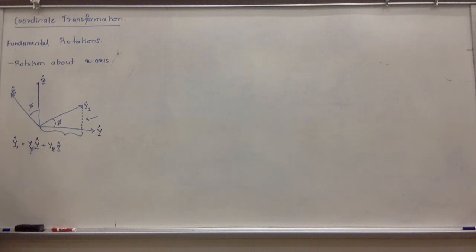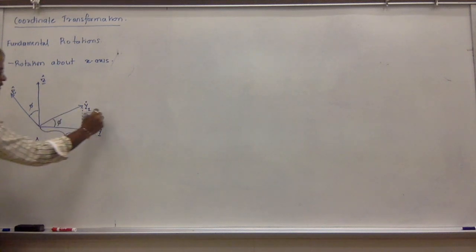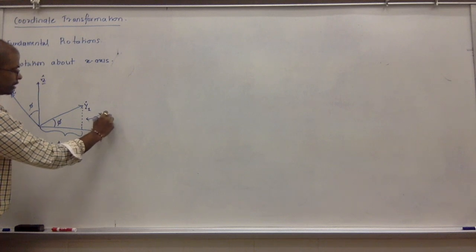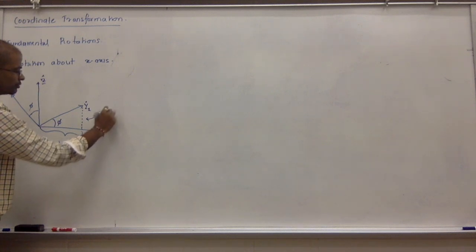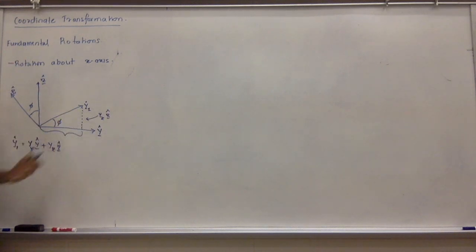That's how you express it. So what is this component, this y1? Y1 is this, okay? What is this component? This is yz. This is yz in the z direction. The magnitude is yz. The direction is z.